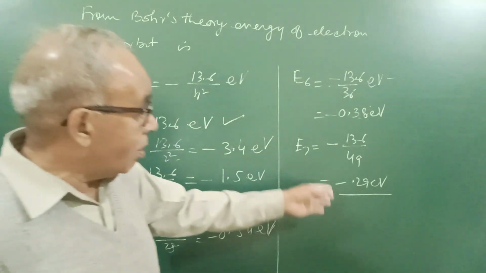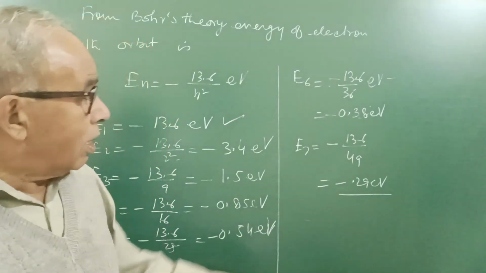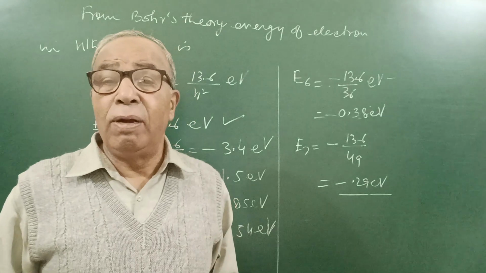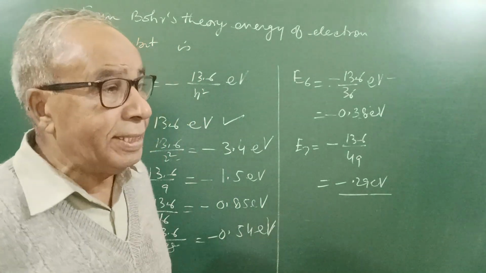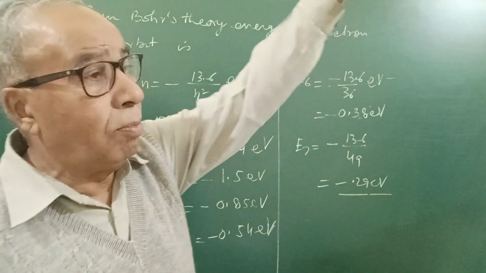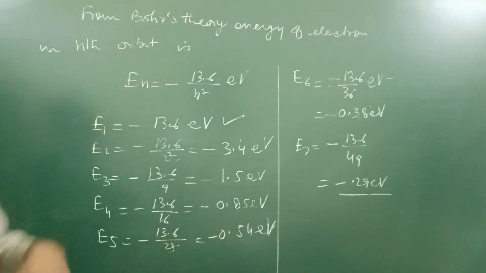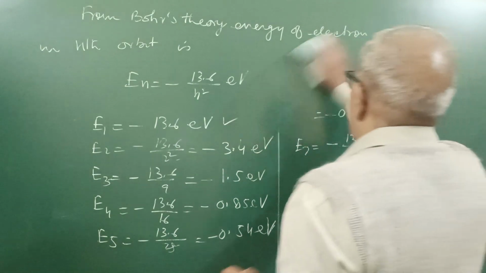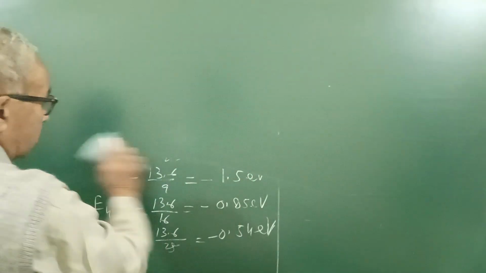But when n becomes large, the difference becomes small, and we will not be able to resolve the gap of the energy. So for higher number of orbits, the quantization of energy disappears. This quantization is valid for small number of n.